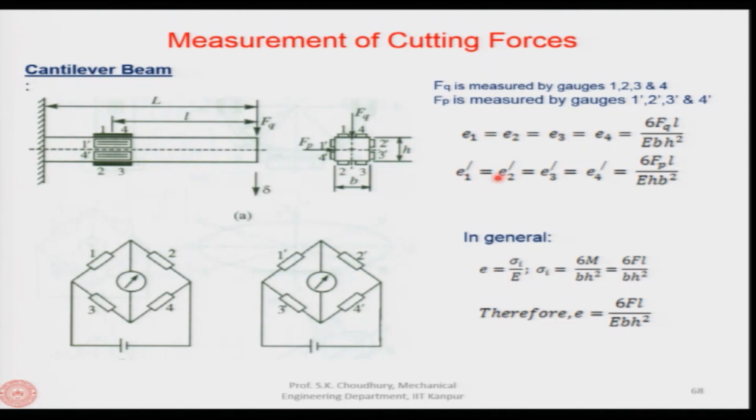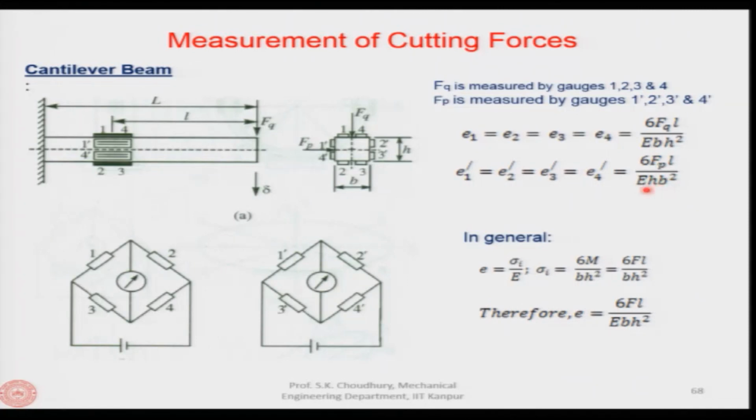Now, E1 prime, E2 prime, E3 prime and E4 prime, which are these sensors, will measure, as we said, the force perpendicular to Fq, which is Fp. So, in this case, in the general formula, we put Fp in place of F, because these sensors, 1 prime, 2 prime, 3 prime and 4 prime, are sensing the force Fp.